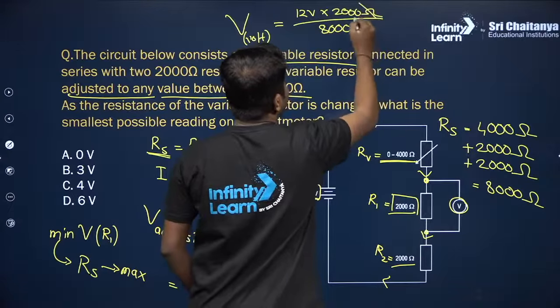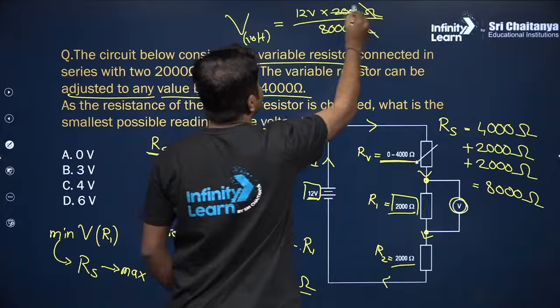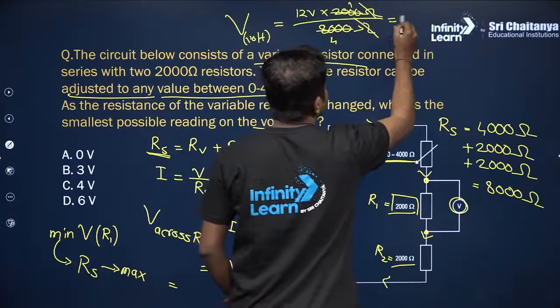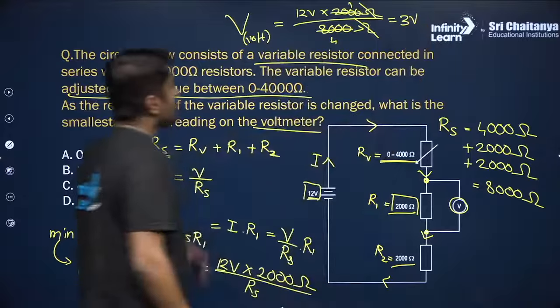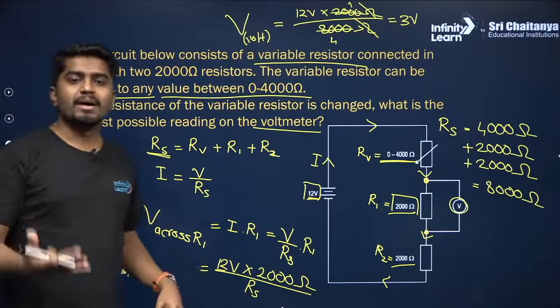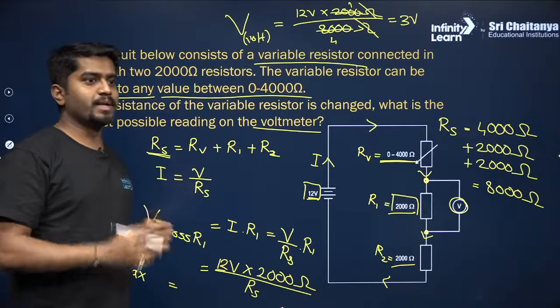So the ohm will get cancelled. 2000 by 8000 is nothing but 1 by 4. So 12 divided by 4 is going to be 3 volt. So the minimum value measured by the voltmeter would be 3 volt.